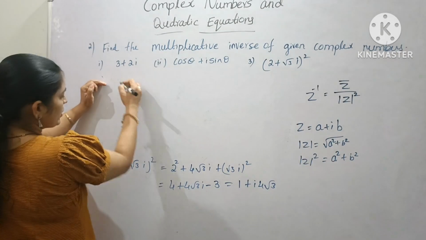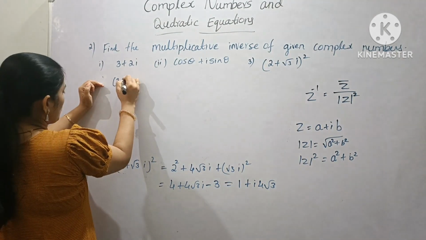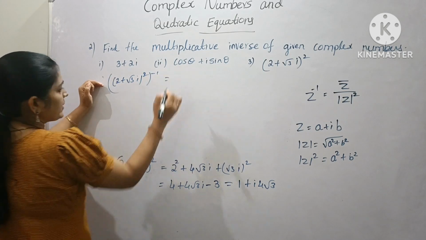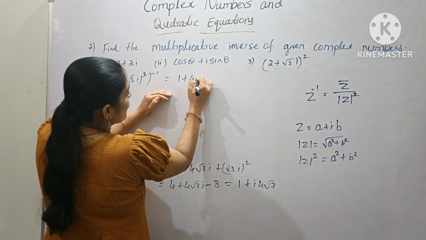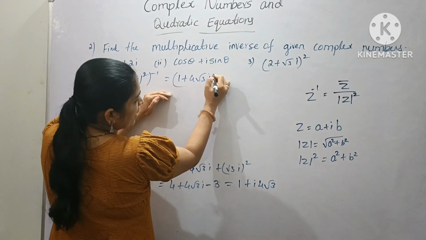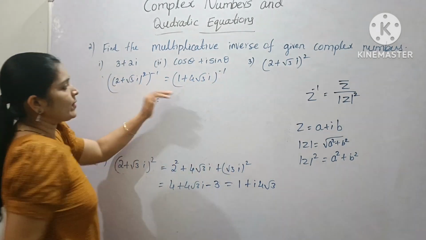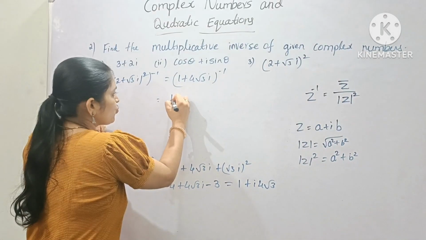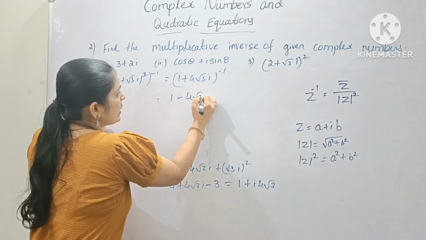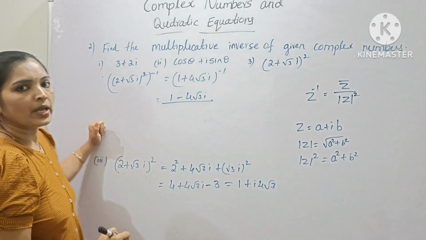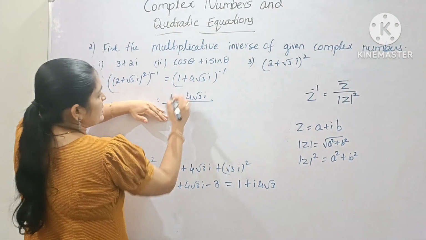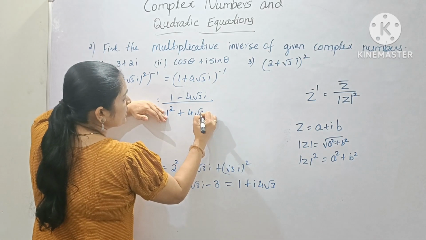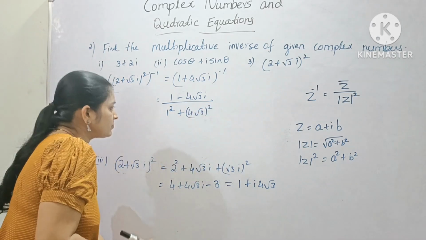So the multiplicative inverse of 2 plus root 3i whole square is nothing but the inverse of 1 plus 4 root 3i, that is z conjugate, its conjugate 1 minus 4 root 3i divided by the square of its modulus, that is 1 square plus 4 root 3 square.